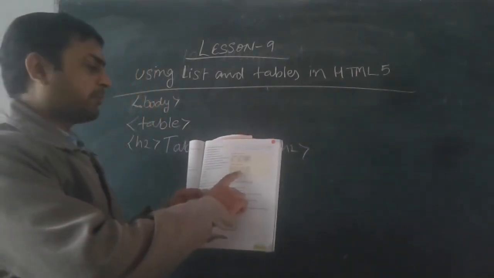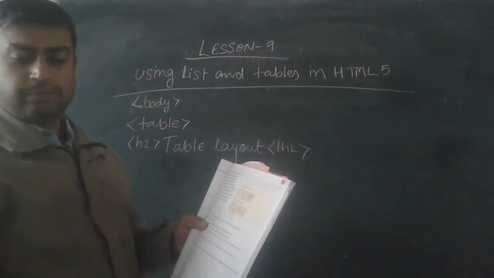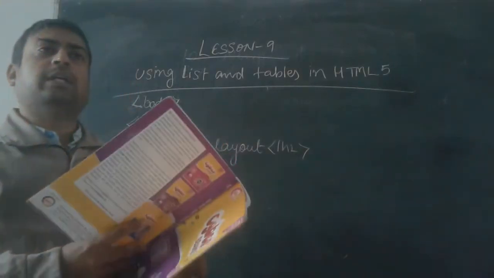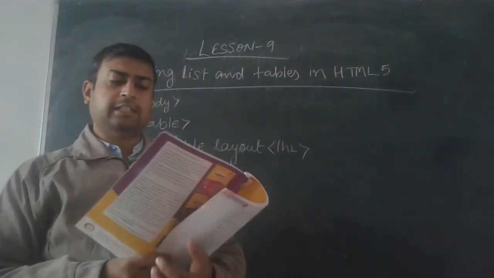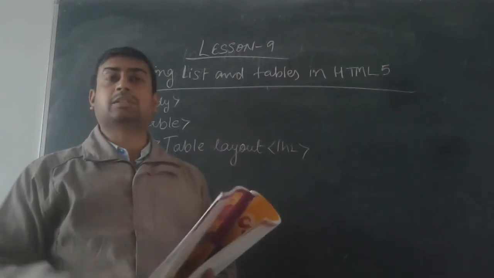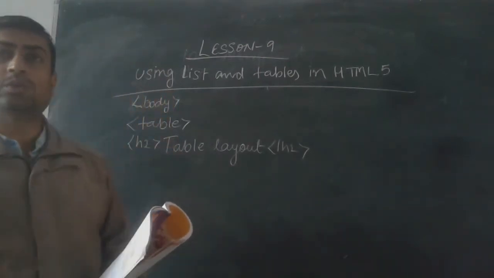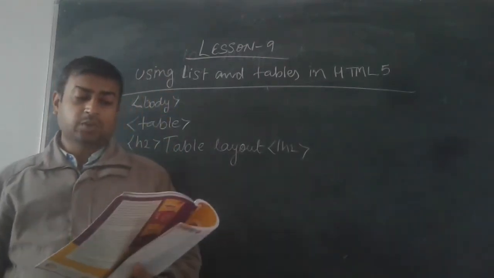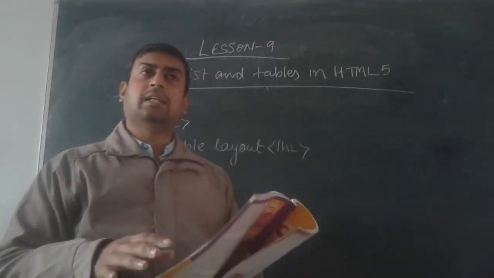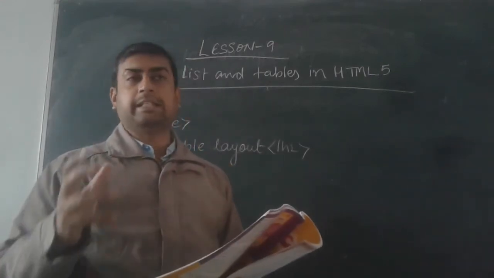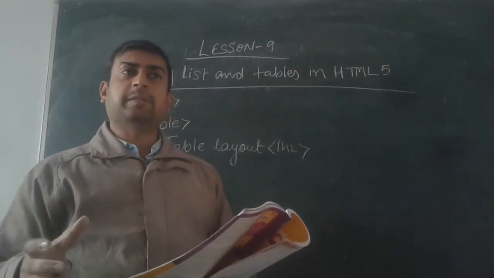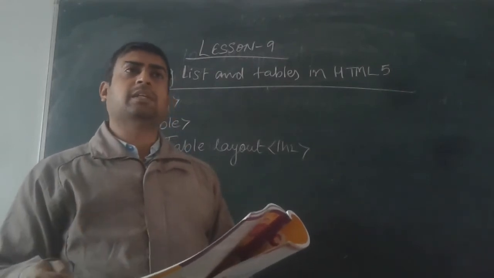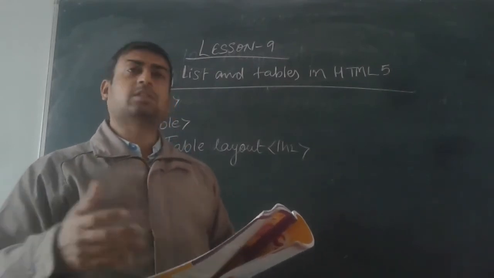Here we have given the H2 element, and this is the size of the text which will be displayed. So the border color, the H2 color, the size of the table, and the alignment of the values which we have given are shown to us.